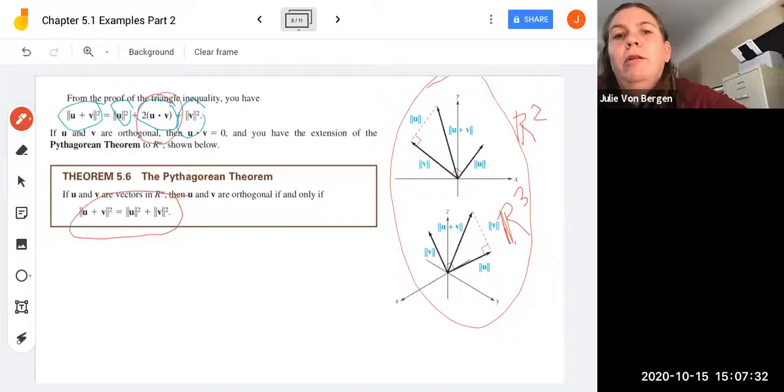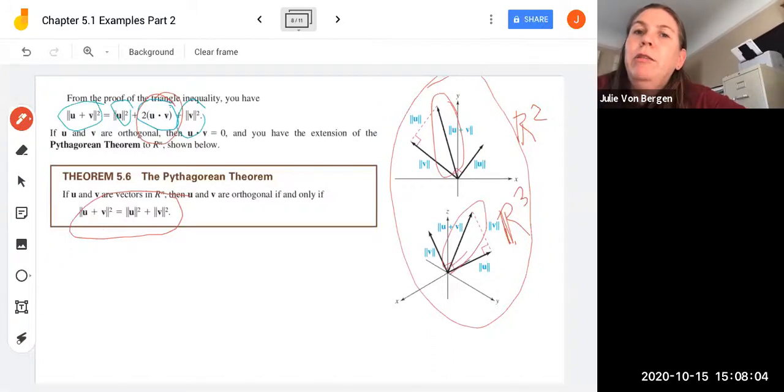The norm of the sum of the vectors squared equals the norm squared of vector u plus the norm of v squared. So good old a squared plus b squared equals c squared, because we know the norm of u plus v is the hypotenuse there in the triangle. And here's our visuals over here. So you can see here's our hypotenuse in 2D, and here's our hypotenuse in 3D.